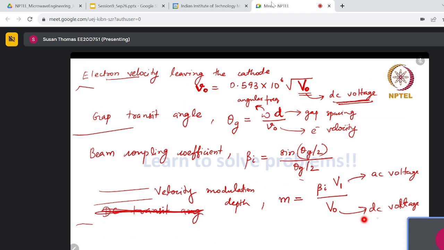V0 is the DC voltage applied to the electrode. Beta I is the beam coupling coefficient, which we can find with this equation. So the velocity modulation depth can be calculated based on this.